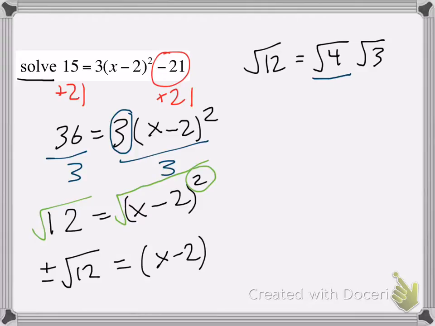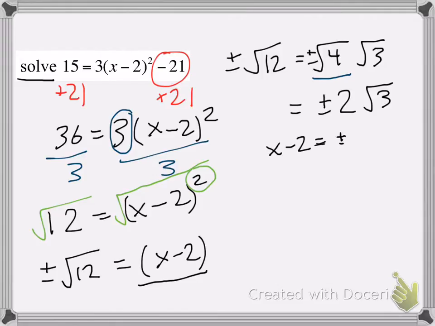So plus or minus square root of 12 is going to be the same thing as plus or minus square root of 4 times square root of 3, which is going to be plus or minus 2 times the square root of 3. And we're not done yet because, remember, we still have what's left on this side of the equation. We have x minus 2. So at this point, I have x minus 2 equals plus or minus 2 square root of 3.